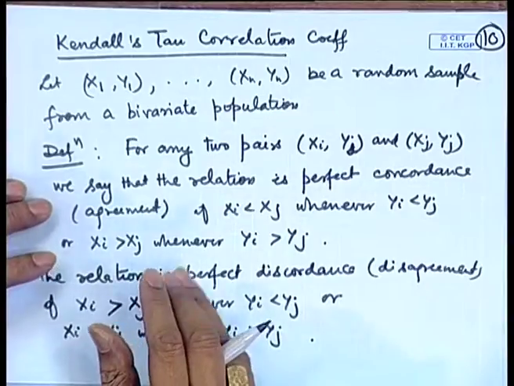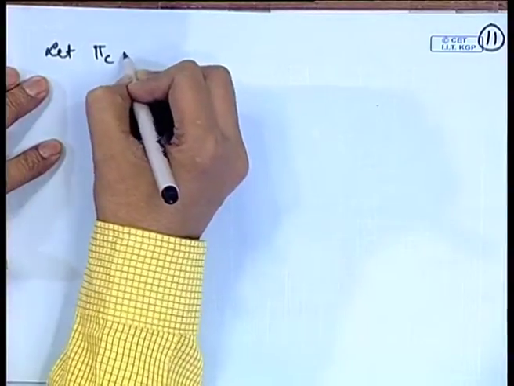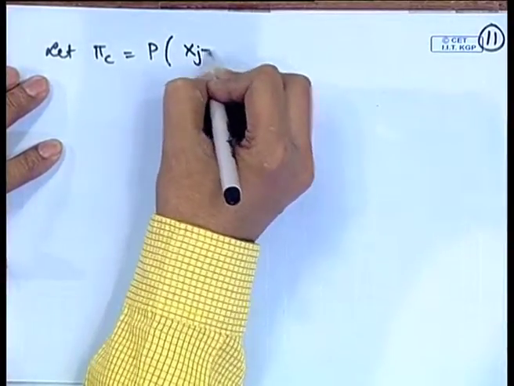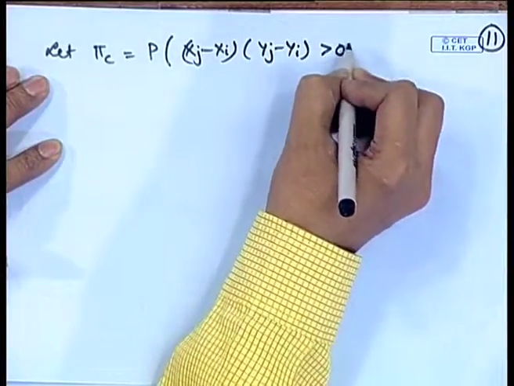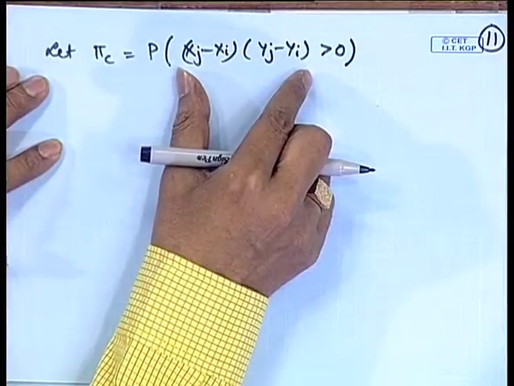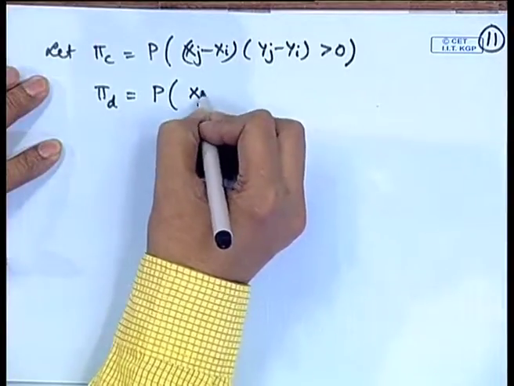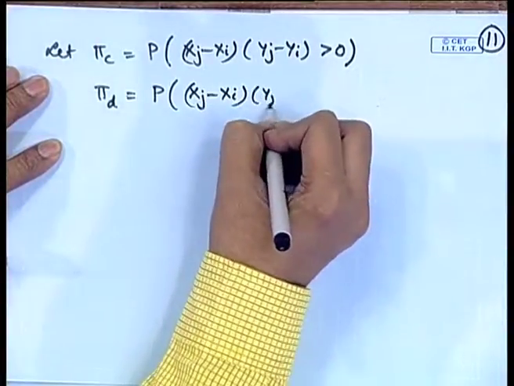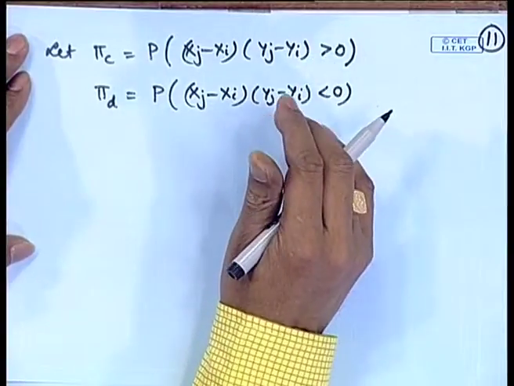So, we create a measure of the concordance or discordance based on the following. Let us define pi_c equal to the probability of (xj minus xi) times (yj minus yi) greater than 0. You can see this is the probability of concordance, and we can consider pi_d as the probability of discordance. Of course, we may have to include equality at one place to exhaust all the possibilities.